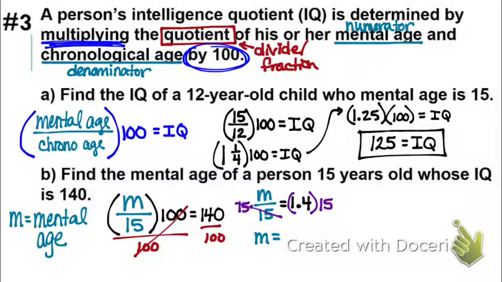It's 21. It is 21. Oh, right. So how do I write my answer then? The mental age is 21.